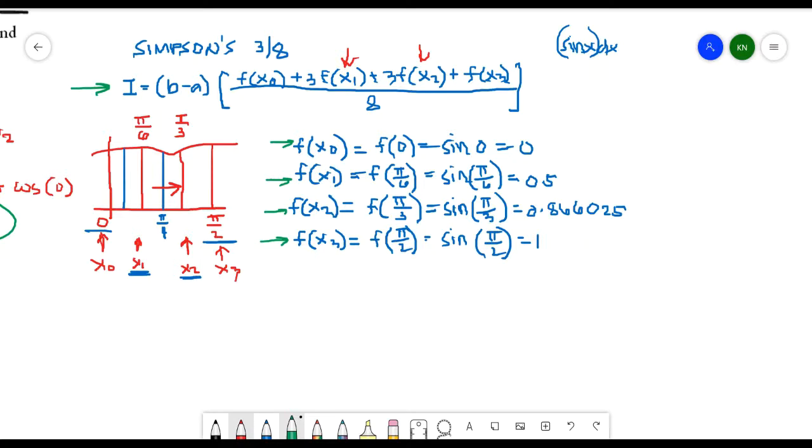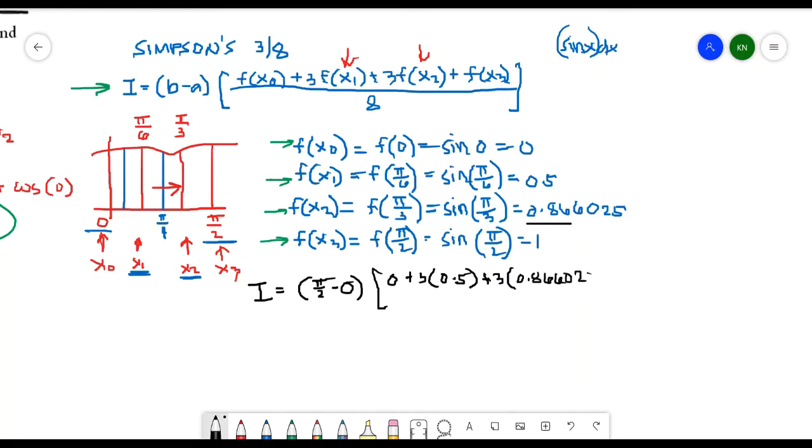So substituting the values that we got, we have I is equivalent to our b, which is pi over 2 minus 0, and then multiply that by our f of x sub 0, which is 0, plus 3 times f of x sub 1, which is 0.5, plus 3 times our f of x sub 2, which is 0.866025, plus our f of x sub 3, which is 1. And that is divided by 8.